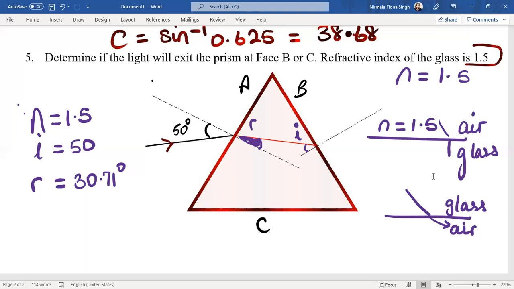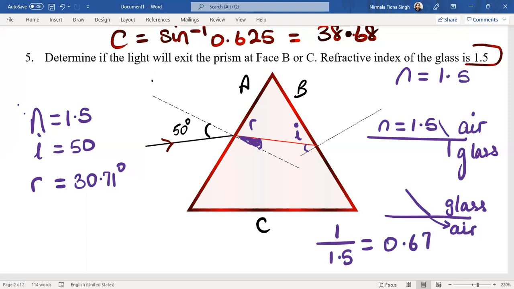All right, so let's just write that. When you go from air to glass, your refractive index is 1.5. But if you have the motion of glass to air, it's going to be the inverse of 1.5, which is just 1 divided by 1.5, and that's going to be 0.67.